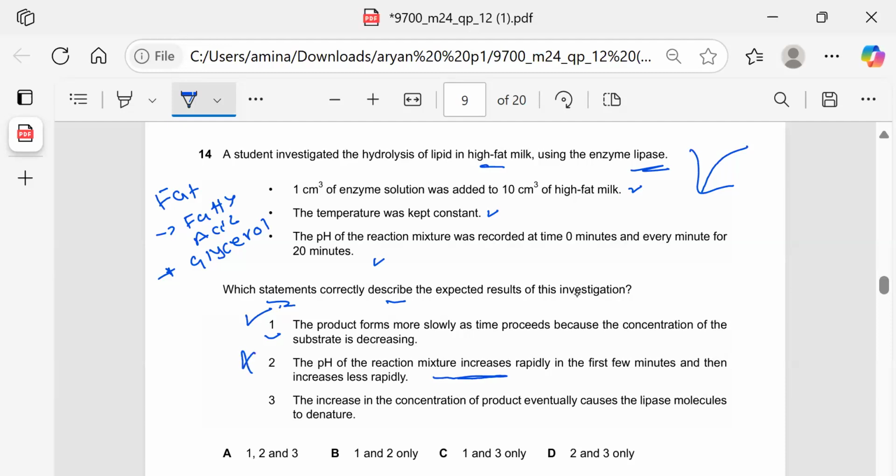So this is wrong. The third one is the increase in the concentration of product eventually causes the lipase molecule to denature. Yes, because this is going to cause the change in the pH. And as the pH keeps on decreasing, a time will come when the enzyme will start to get denatured. So my answer over here is going to be C.